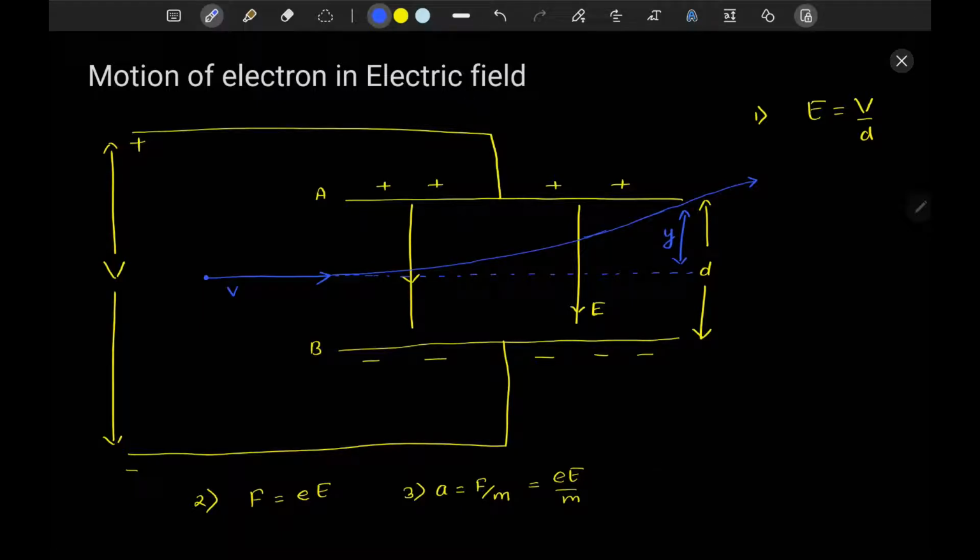The expression for y is equal to 1 by 2 a t square. This gives 1 by 2, acceleration is given by eE by m, and the time is total distance divided by velocity of the electron.